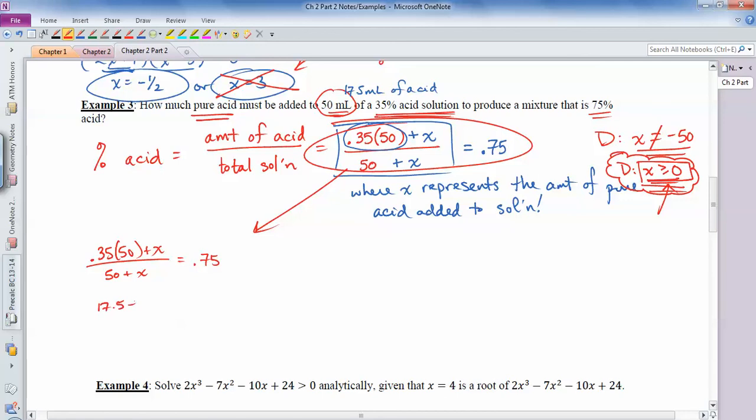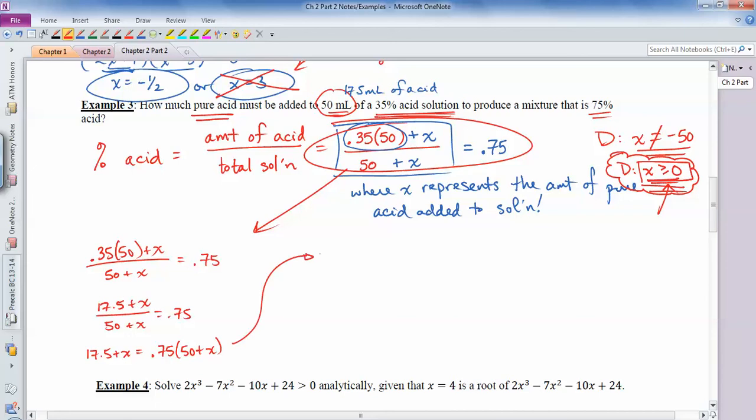It's 17.5 plus X over 50 plus X equals 0.75. Now what I could do is bust the fraction, so I could multiply both sides by 50 plus X. Then this turns into 17.5 plus X equals 0.75 times 50 plus X.